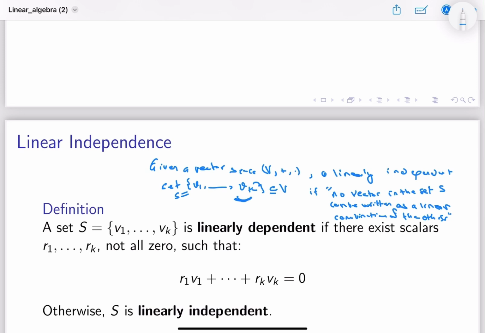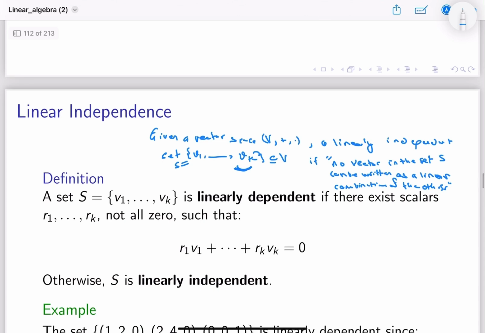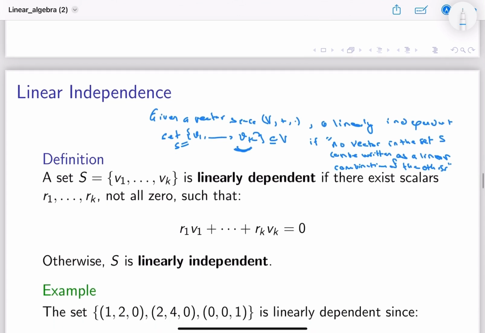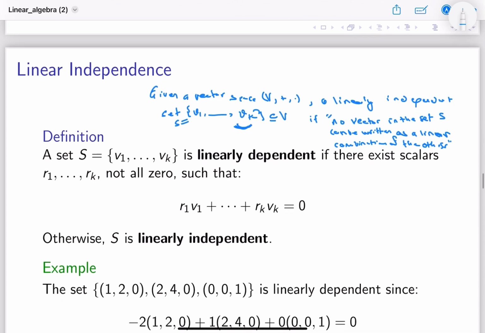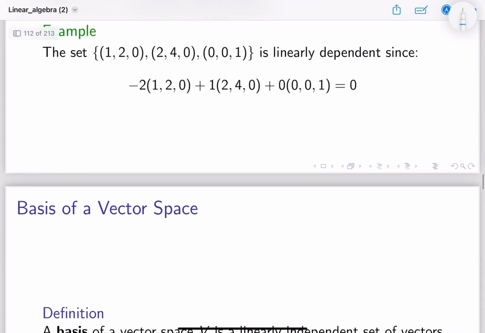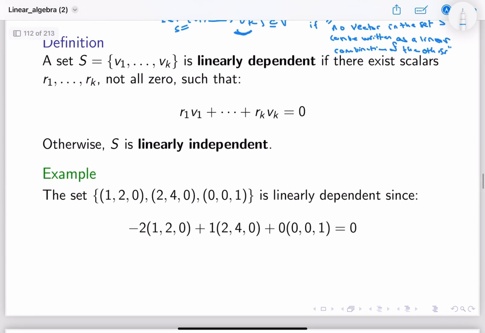So let us take an example, probably, before we just restate the definition clearly or mathematically. Let us just take an example here of linearly independent and linearly dependent sets, right? So here's an example. Let's take V to be R2.